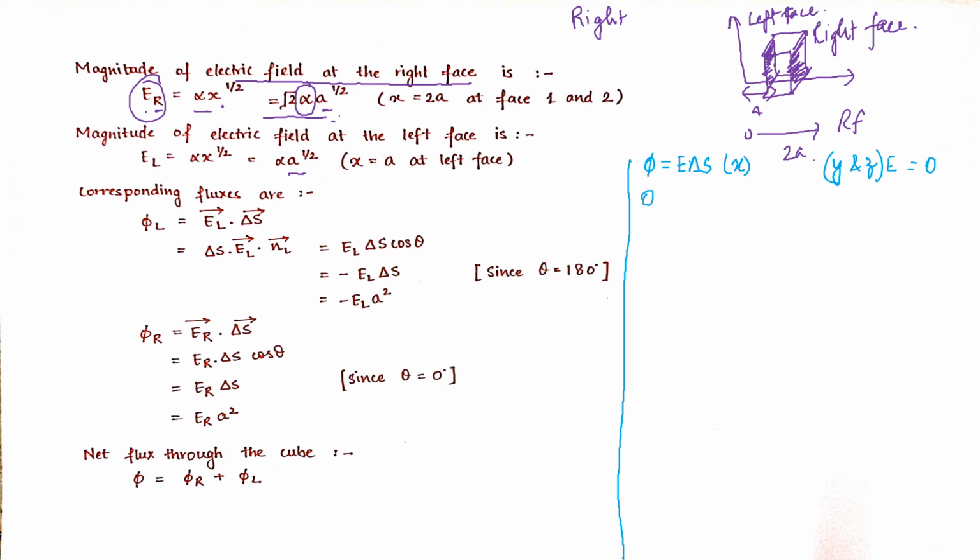Now for this we need to find E right and E left, and that will be multiplied by the surface, for the x. Now electric field at right will be given as alpha x to the power 1 by 2. It is the relation given in the question.